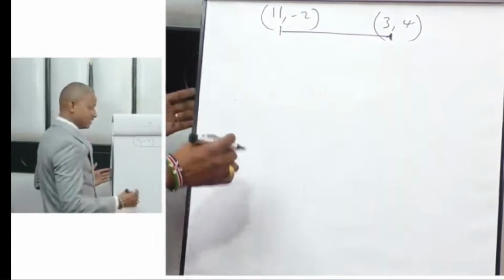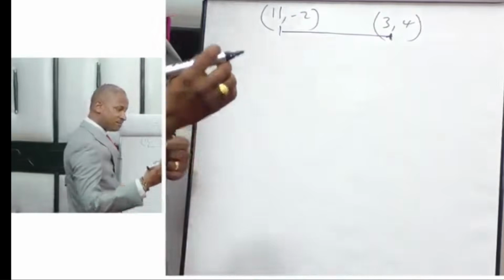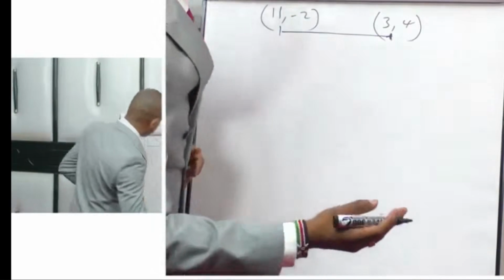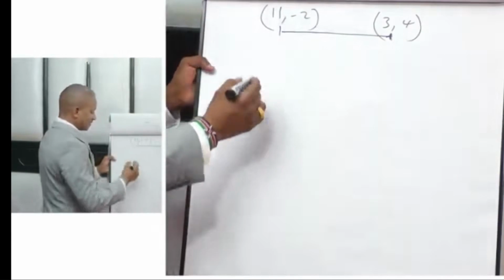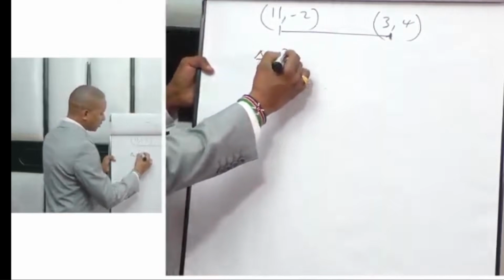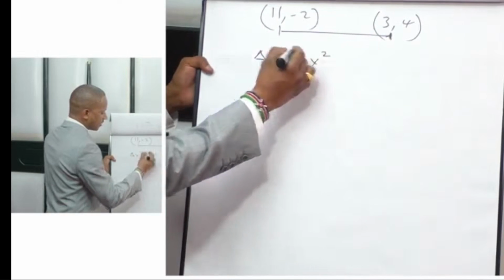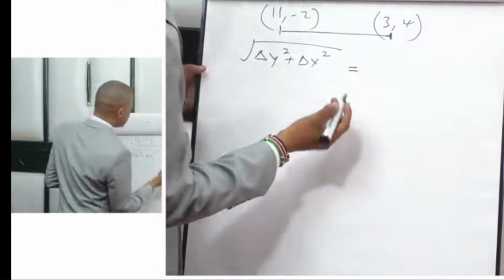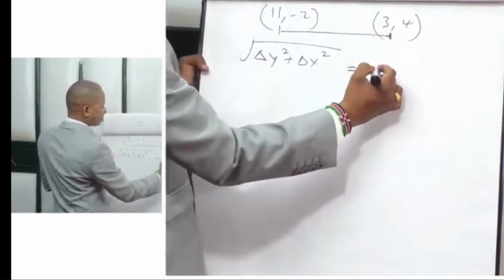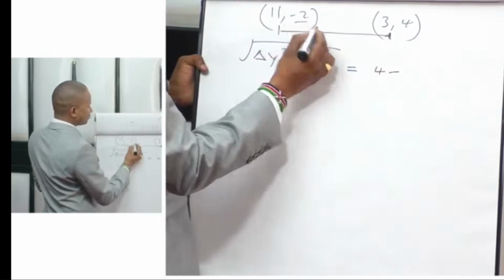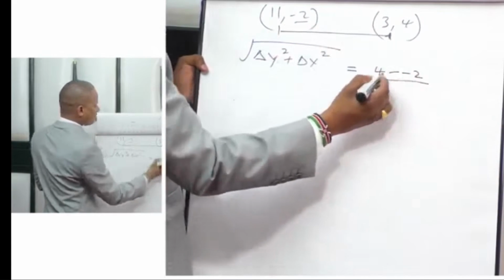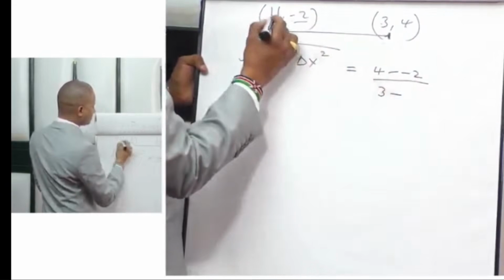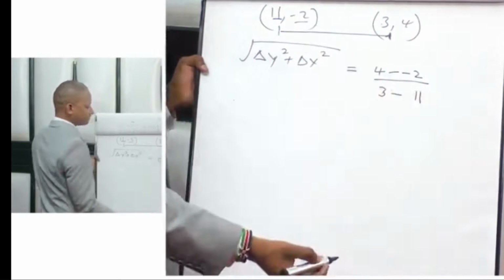I said that distance can be size, can be length, can be modulus, can be magnitude. So distance is the square root of change in y squared plus change in x squared. As simple as that. So what is change in y? If we start with 4, the y value, minus this y value, minus 2, and change in x is 3 minus 11.